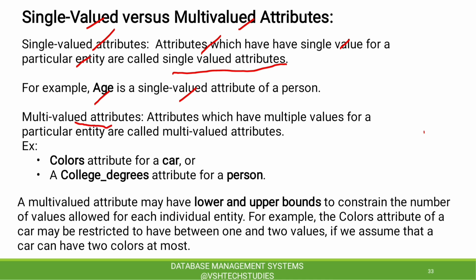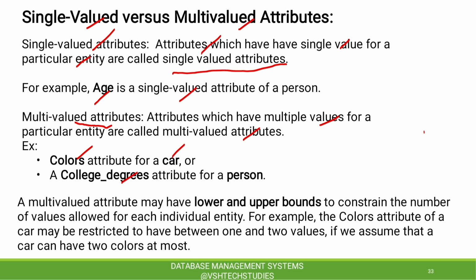Multi-valued attribute. Attributes which have multiple values for a particular entity are called as multi-valued attributes. Suppose if you take for example colors, this can have any value. So colors of a car, it can be white, black, blue. Hence colors attribute is a multi-valued attribute which can have multiple values.